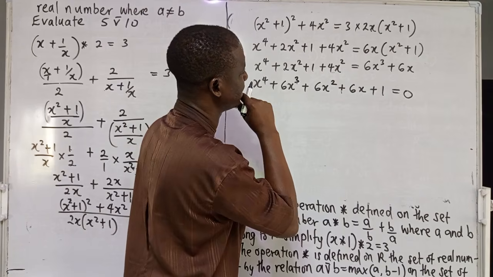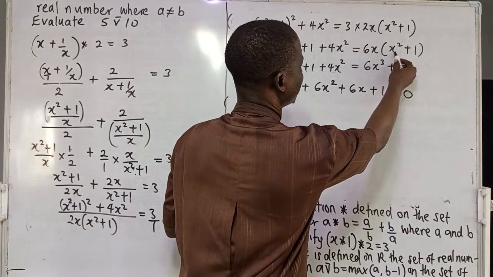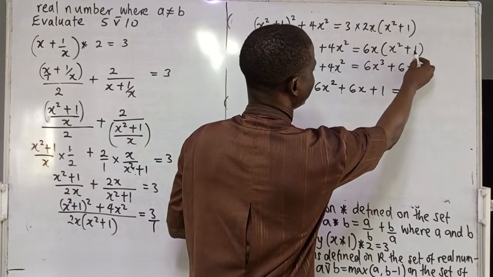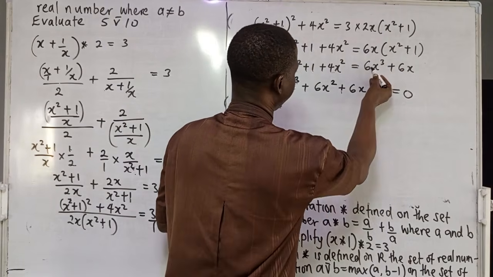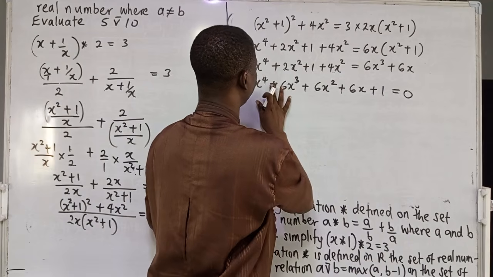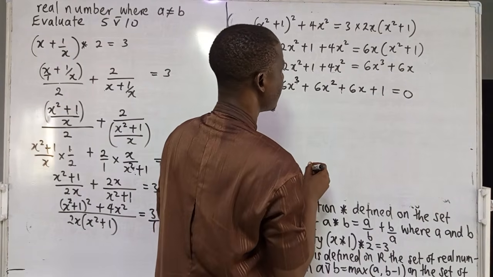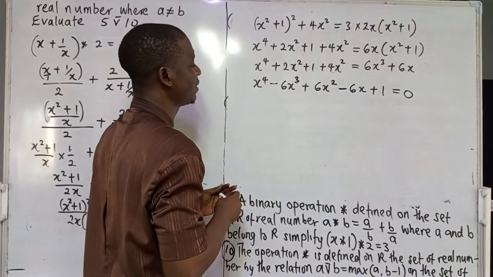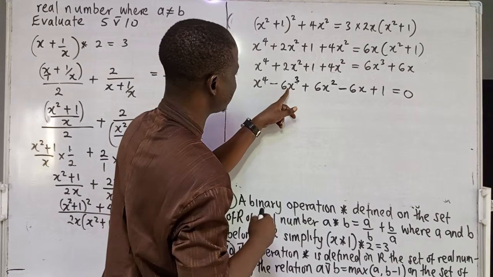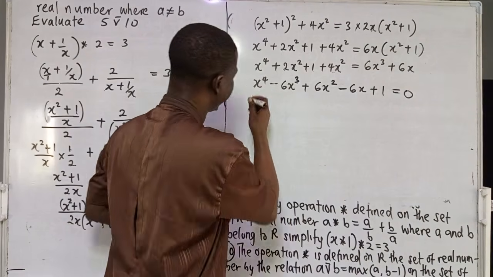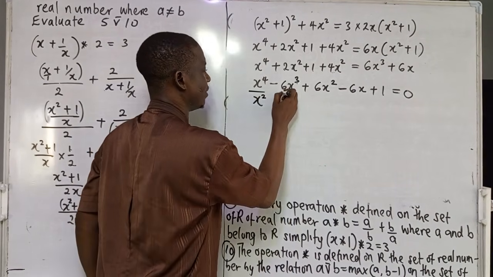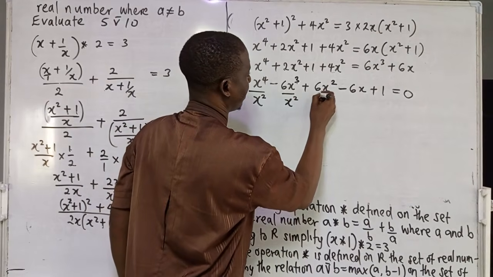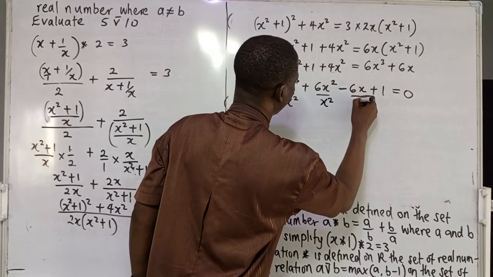And there's something I noticed here. This one is 6X cubed. 6X multiplied by 1 is 6X. If you move it here, this is going to be a minus sign, sorry. Then this one also should be a minus sign. Then there is something I noticed. There is a 6, 6, 6. What if you divide all through by X squared?